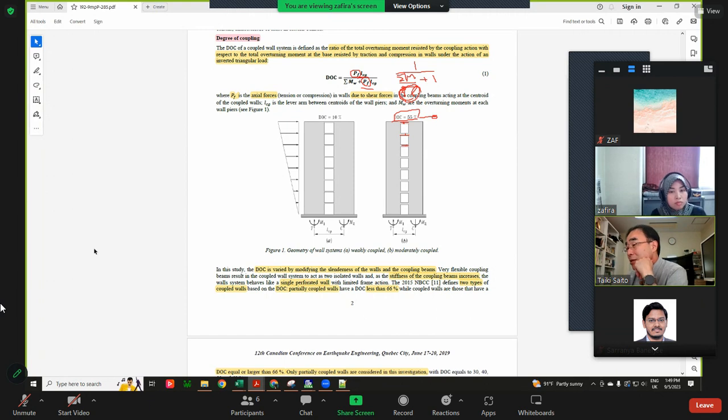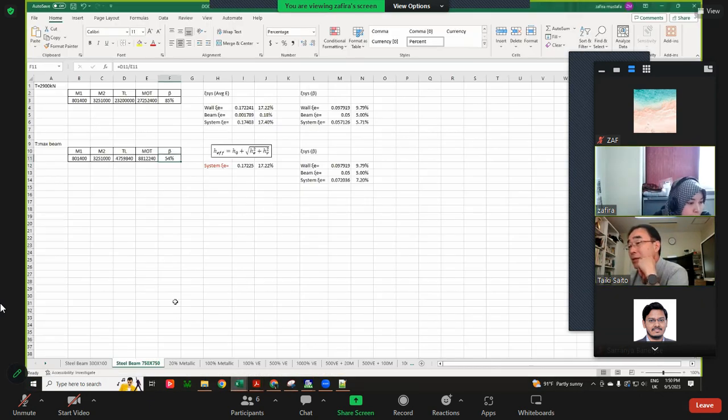Okay, could you go back to the Excel file? Maybe this is not correct. Maybe you should use this one. And if you use this value, how about system damping?